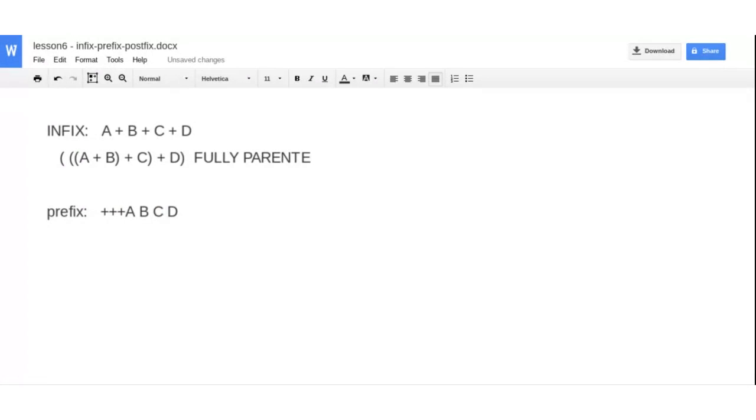So the fully parenthesized, then the prefix is that one, and postfix. Of course, we can also do the postfix.